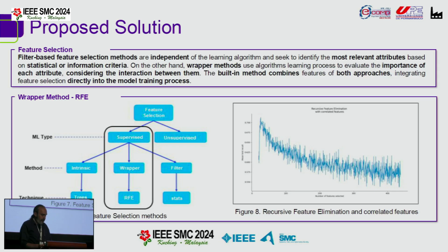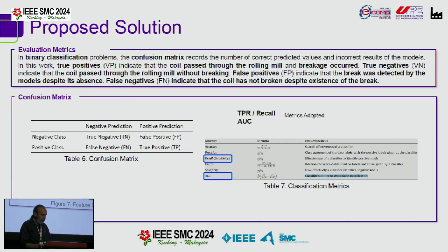In this research, we have a supervised problem, and we use a wrapper method with the recursive feature elimination technique for feature selection. On the right figure, we have the recursive feature elimination functionality. With a small number of features, we got the best performance for the models.